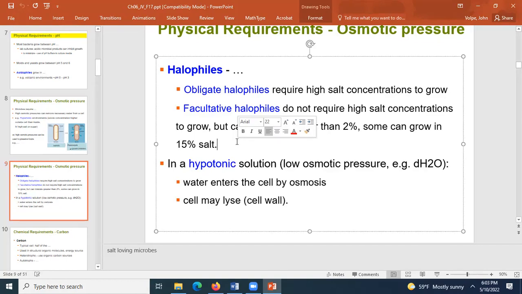Now, as I mentioned, the cell wall will prevent water from entering the cell and popping the cell membrane, but only to a point. Once the cell membrane expands to touch the cell wall, no more water can enter the cell. Any question about any of that?